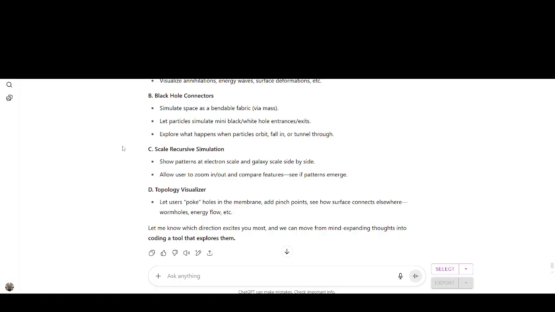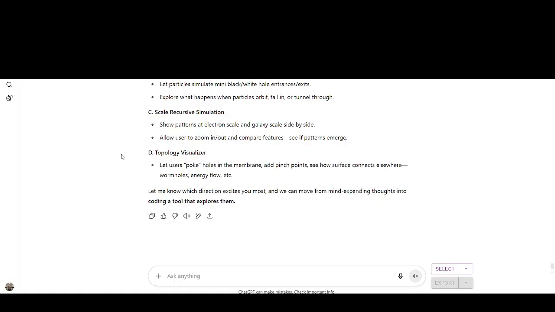Explore what happens when particles orbit, fall in, or tunnel through. Scale recursive simulation: show patterns at electron scale and galaxy scale side by side. Allow the user to zoom in and out and compare features, see if patterns emerge. Topology visualizer: let users poke holes in the membrane, add pinch points, and see how the surface connects elsewhere, wormhole, energy flow, etc. Let me know which direction excites you most, and we can move from mind-expanding thoughts into coding a tool that explores them.